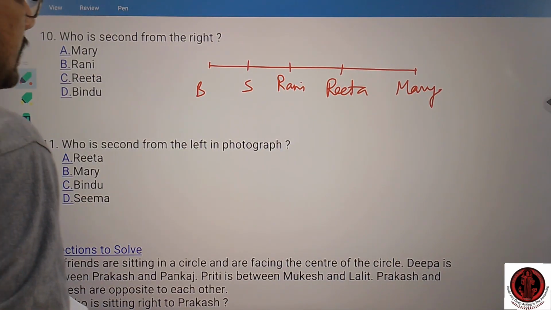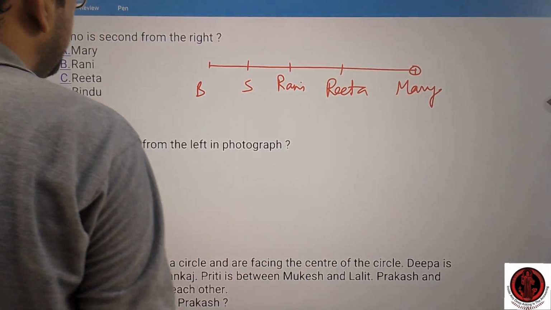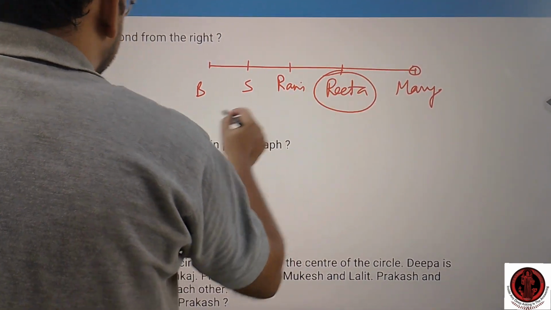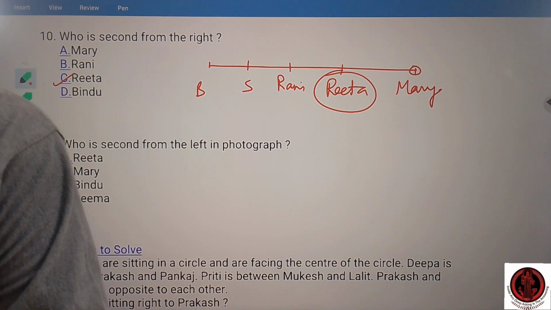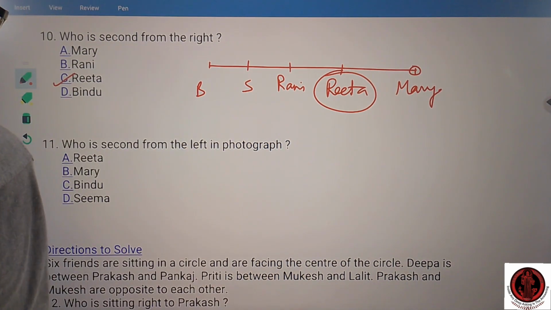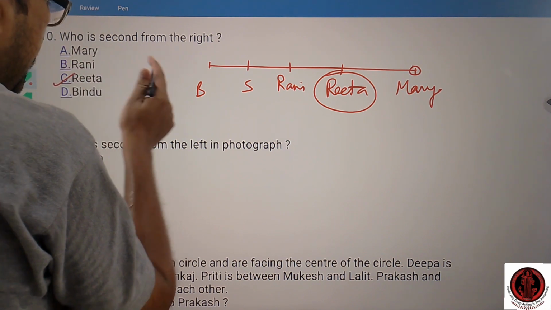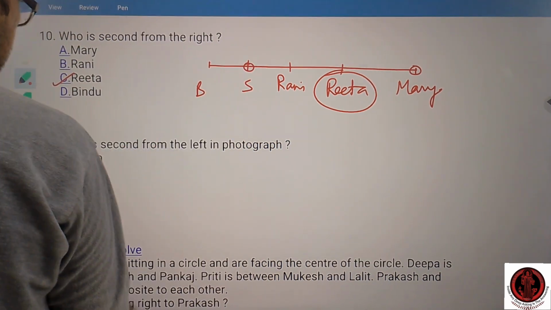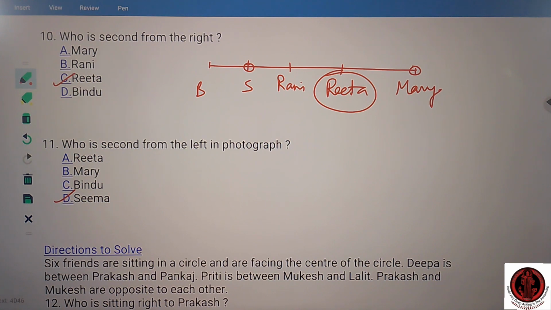So who is second from the right? Right is this one. Second from the right, so Rita is the answer. Option C. Who is second from the left? In the photograph, who is second from the left? Left is this one. Second from the left is Shima. Option D is the answer.